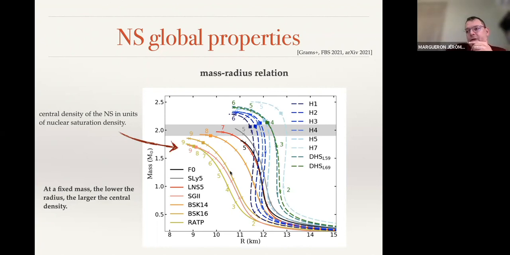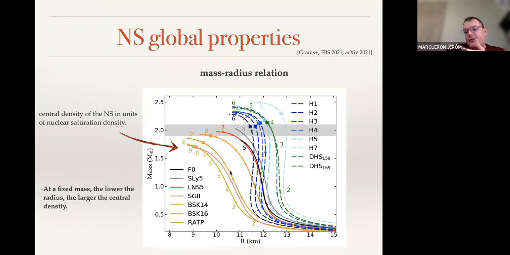We are pretty free to decide how to extrapolate these models because there is no guidance from chiral EFT. So we decided to take the same high order empirical parameters for all these chiral EFT models.